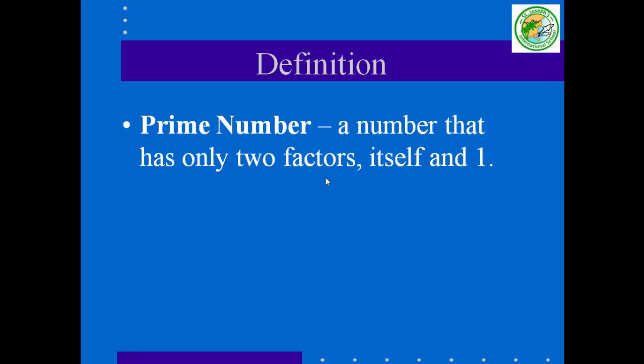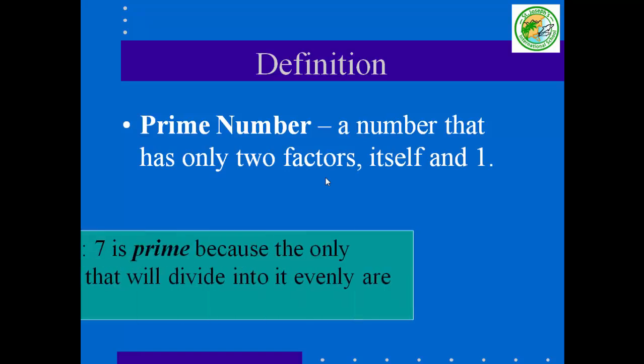Okay, so 7 equals 1 times 7, and 7 times 1 only. So number 7 also has only 2 factors, which are 1 and 7 itself. So we will call this a prime number. So a prime number is a number that has only 2 factors, which are 1 and the number itself.